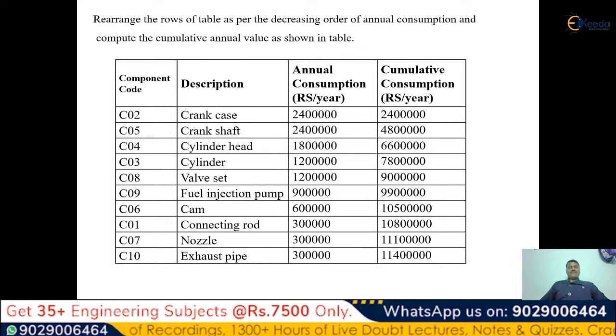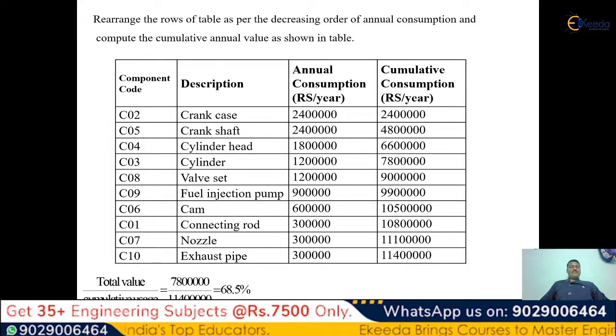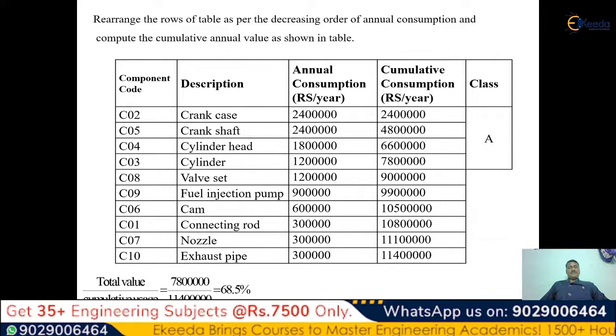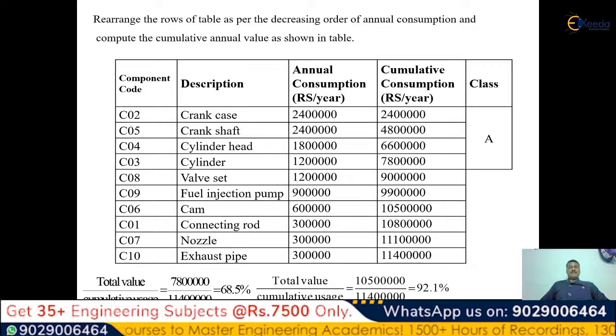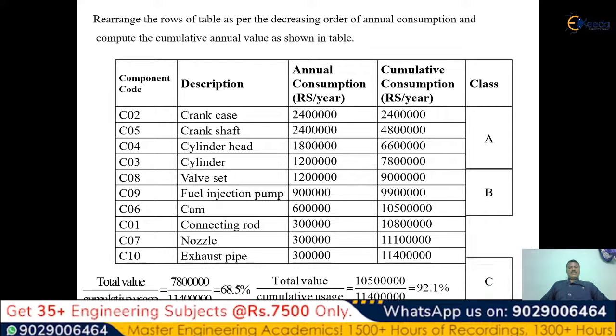In that manner, we find it comes to around 1 crore 14 lakhs, which is the cumulative consumption in rupees per year for all these products in the respective units. And the individual value divided by this cumulative usage gives us 68.5%. Hence, based upon that, we classify them as A, B and C.